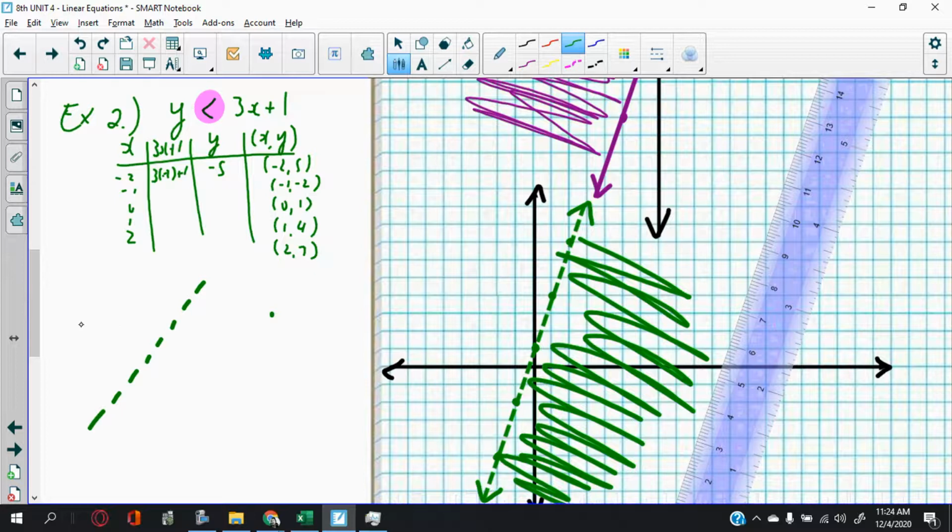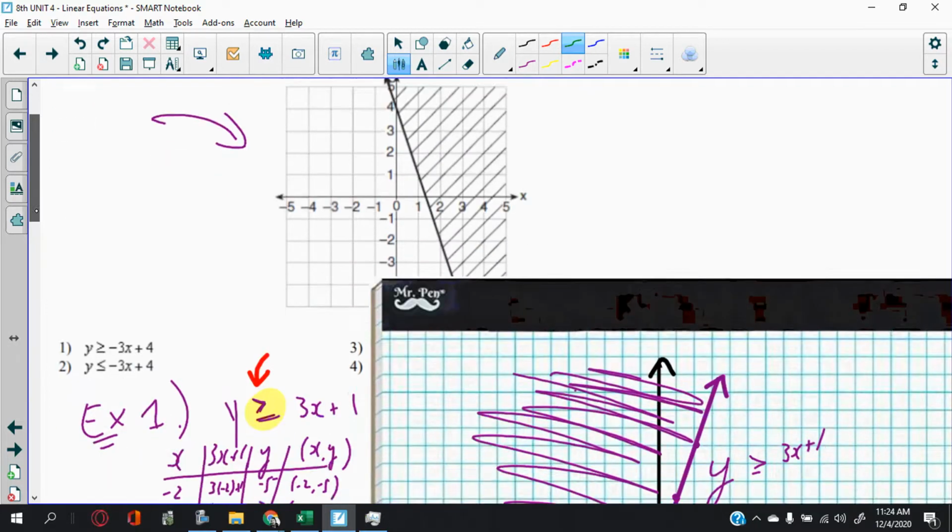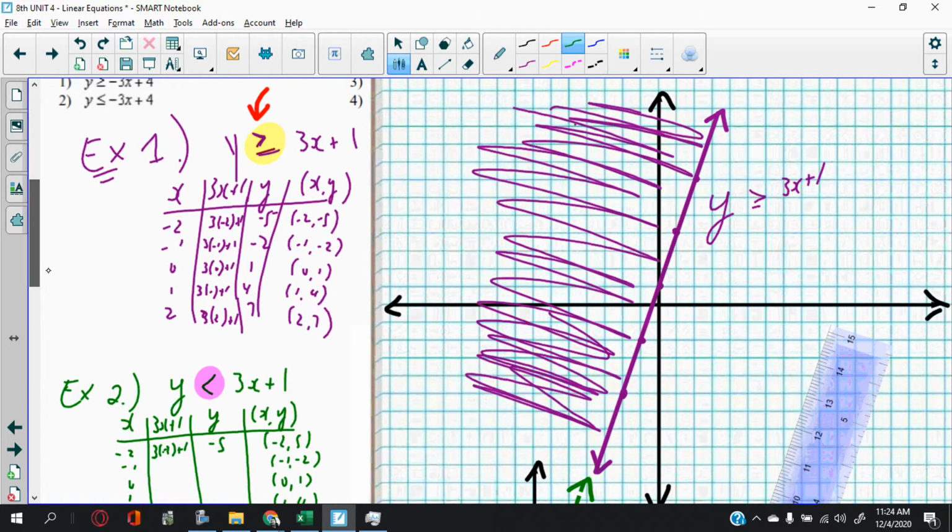Okay, so two things I need you to keep aware of, right? Just as over here, you have two things to keep track of, right? Do we go left or do we go right? And whether or not you should fill in the circle. Here, it's not the same thing, but here you also have two things to keep track of.